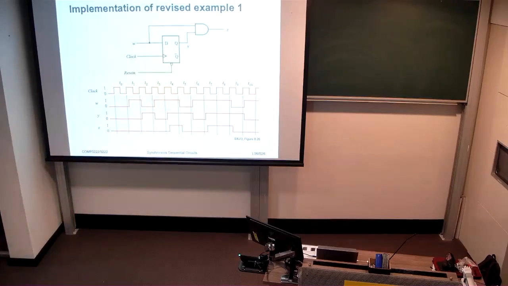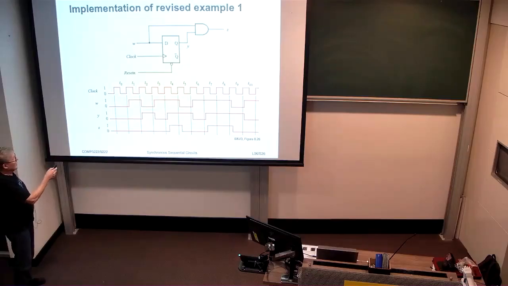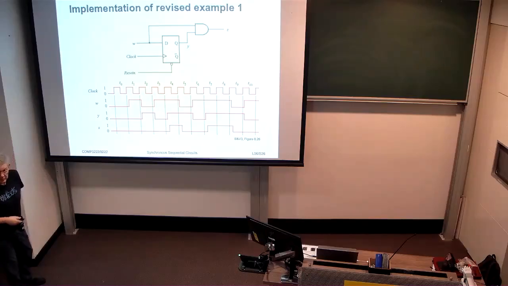So what does the circuit look like? Here, our single flip-flop with W as the input. And the output logic now takes not just the current state into account, but also the present input W into account. Right?